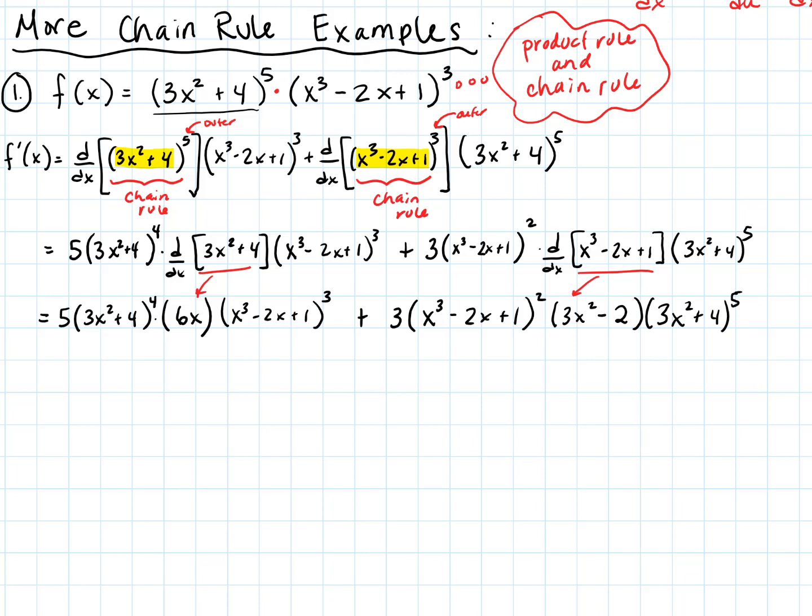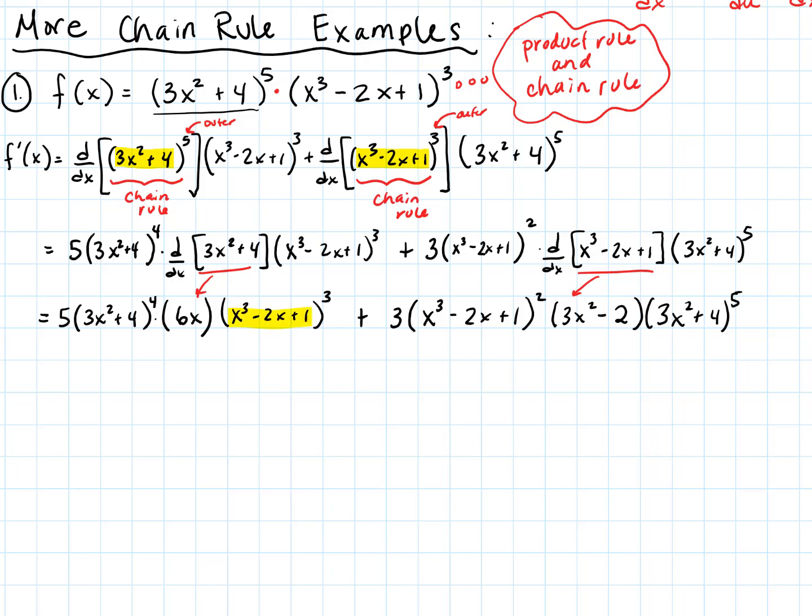Okay, and now I have quite a long expression, or quite a long derivative. And what I want to do is see if there's anything that could be simplified here. And as I'm looking at this, I'm thinking, are there any common factors that I could pull out? And I do see quite a bit of common factors, right?